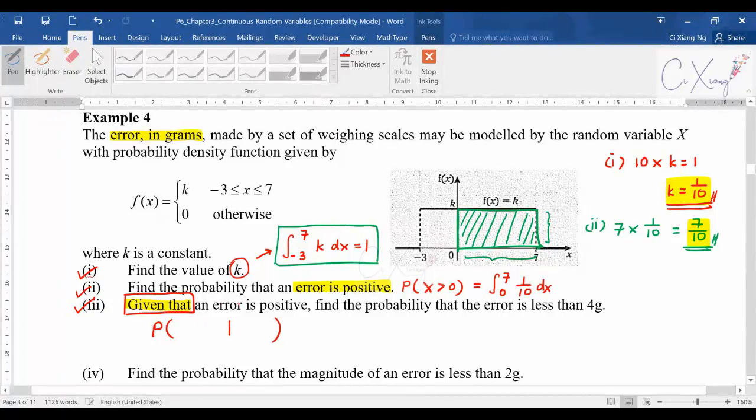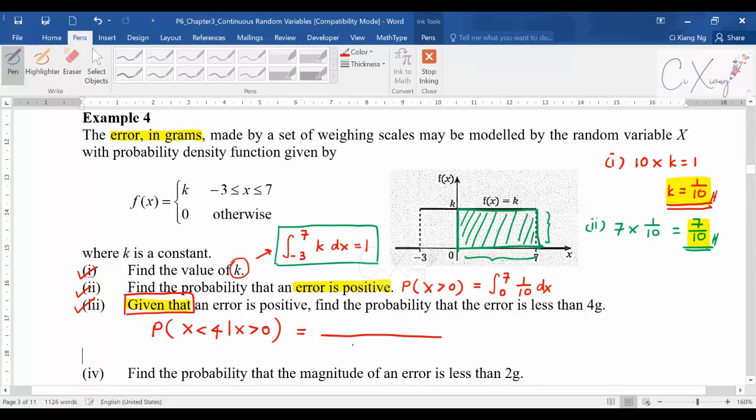So given that error is positive, you write x greater than 0. And after that, find the probability that the error is less than 4, so you want the probability that x is smaller than 4.